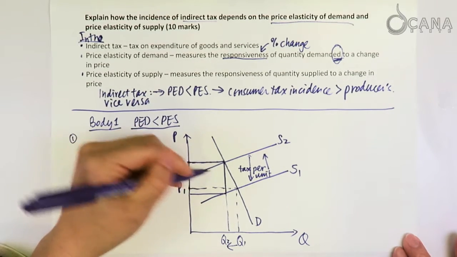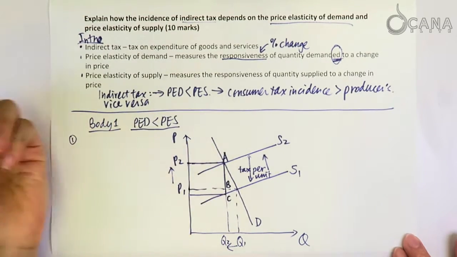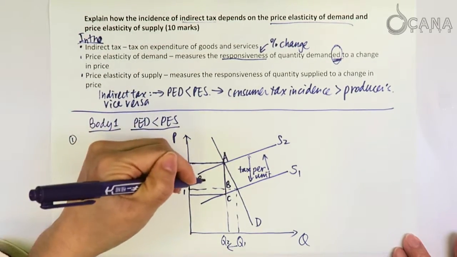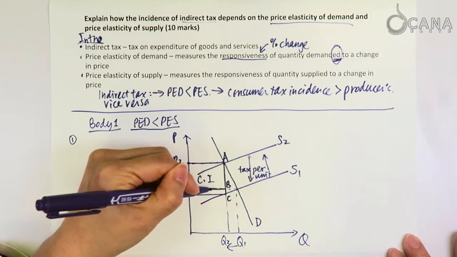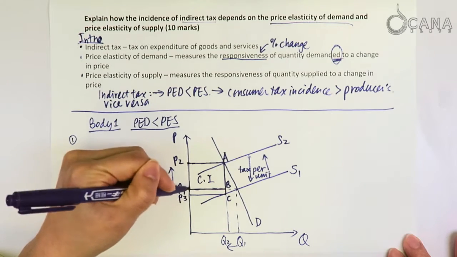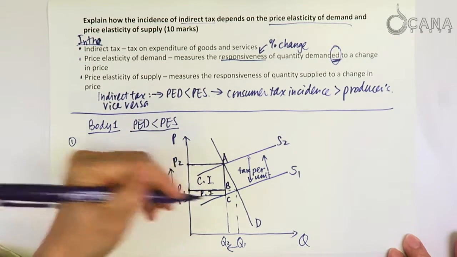And therefore, for this area, I usually like to use the annotation in my answer. This one is the consumer incidence. Now, the bottom part, P1 to P3, is the producer incidence.